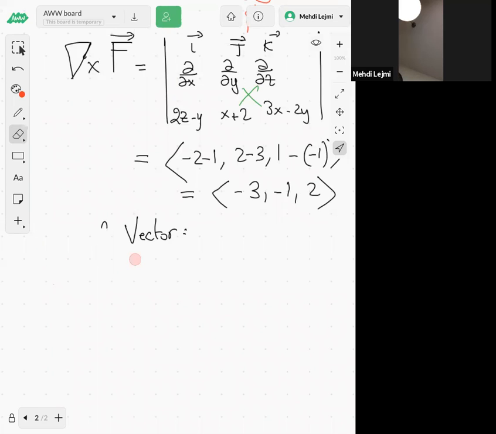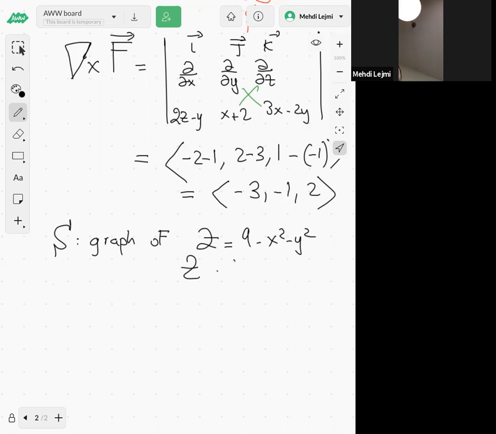S here is very simple because it's just the graph of a function. You have z equal to 9 minus x squared minus y squared, so z is f of x, y equal to 9 minus x squared minus y squared. We discussed the parameterization of graphs of functions.